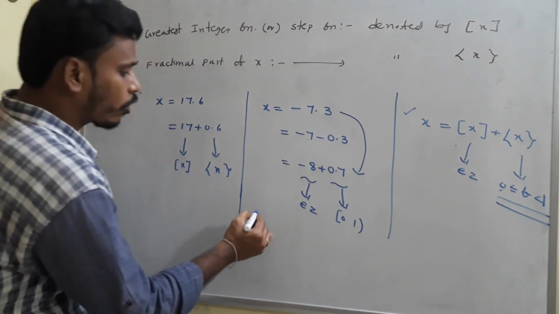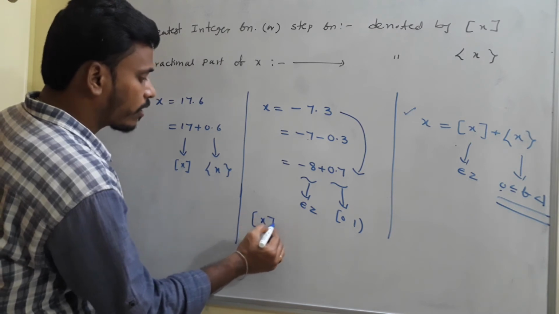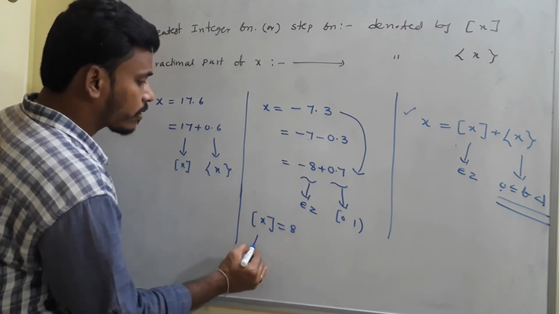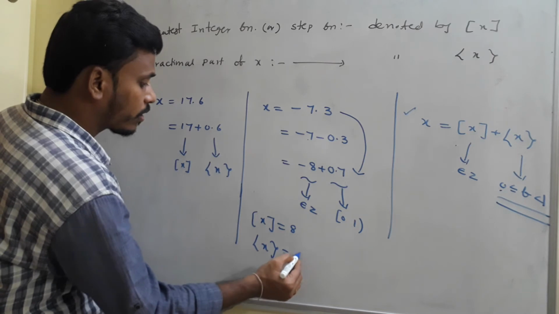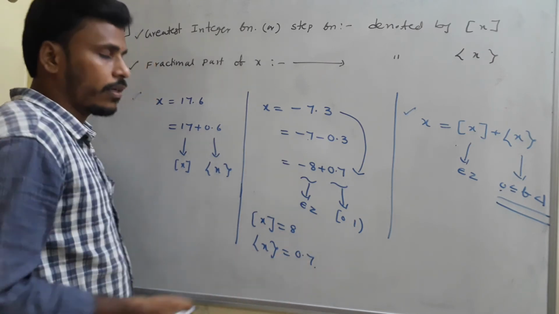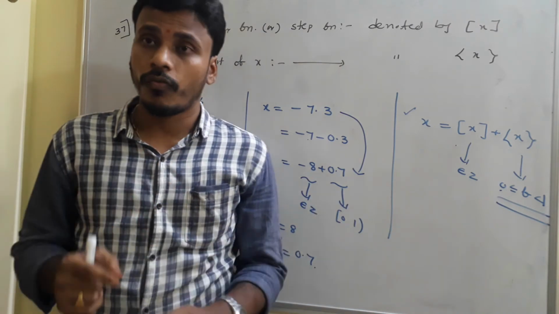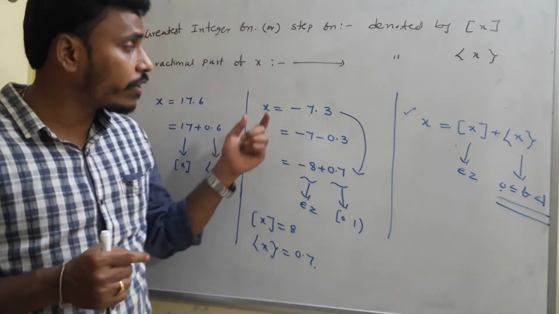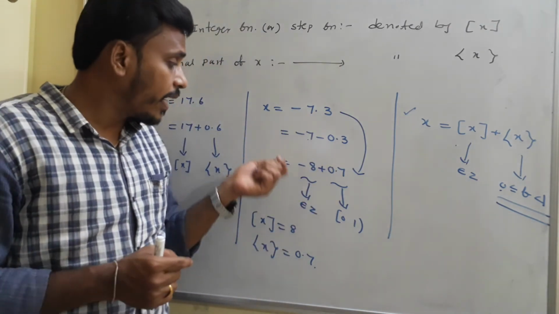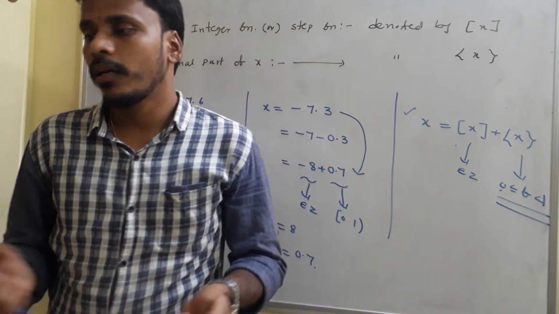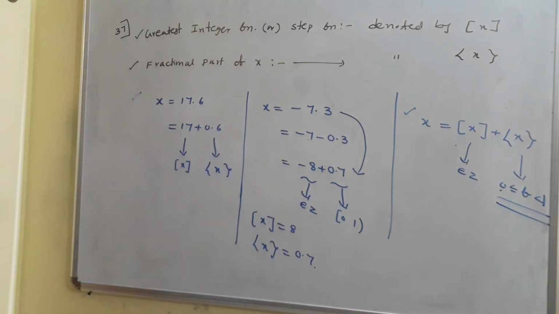At the end we conclude that [x] for this number is minus 8, whereas the fractional part of x for this number is 0.7. So a very simple idea: to find [x] or the fractional part of x, first rewrite the given number as an integral part plus decimal part. This automatically simplifies your work.